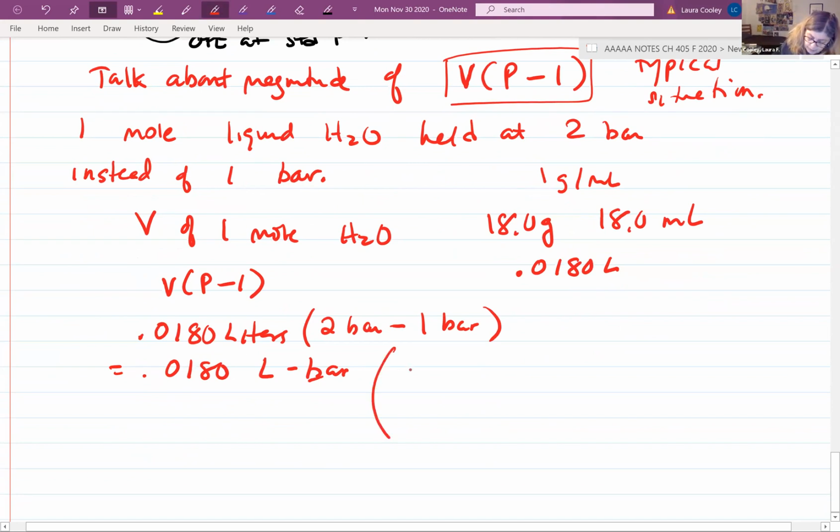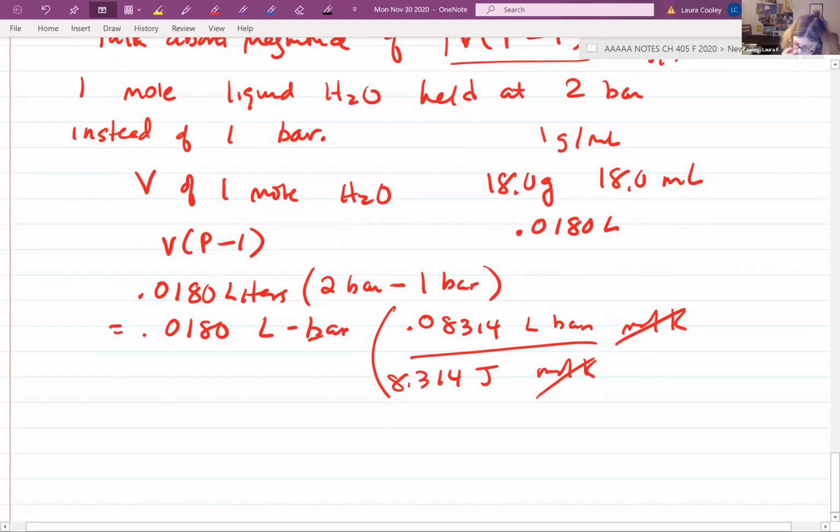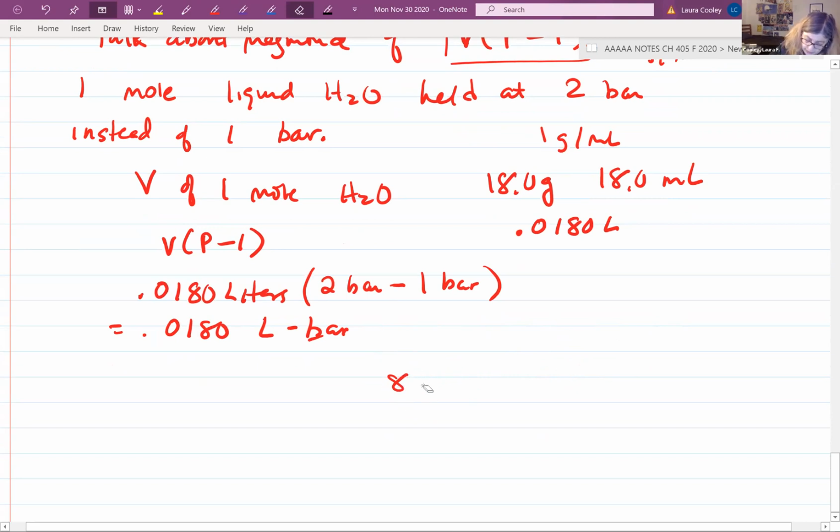We can multiply it by 8.314 joules per mole Kelvin over 0.08314 liter bar per mole Kelvin, otherwise known as multiplying by, wait, I did that wrong. Basically, we're going to multiply by 100.